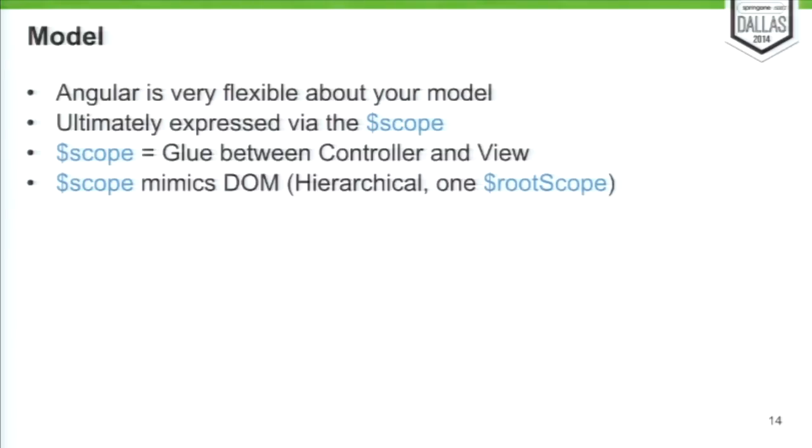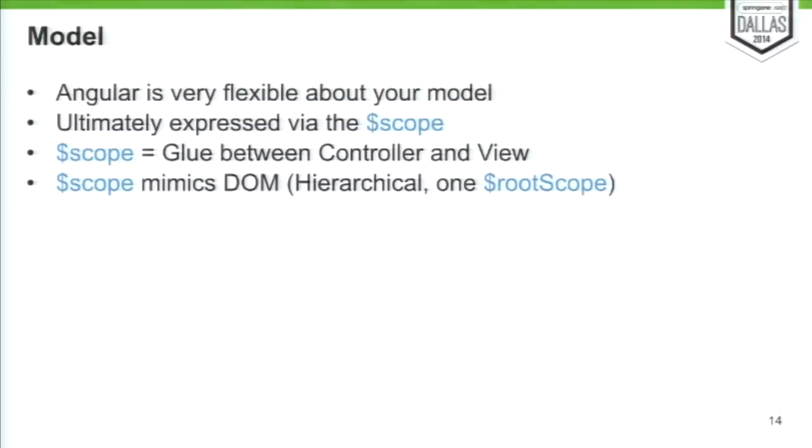It's a little blurry, per se. In all the good examples you always put it on the scope, but you can also create your own domain objects. Maybe later I'll talk a little bit more about that. But the scope is basically the glue between the controller and the view. Think about Spring MVC: I felt it mentally maps fairly well when I think in Spring MVC terms and AngularJS.